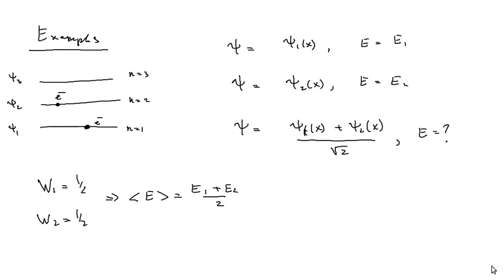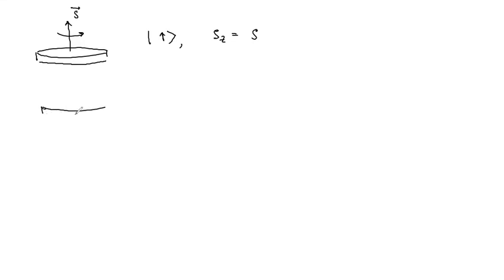Let's have another example. Let's say you have a disk, not an electron, a disk. And you can spin the disk like this. I'm going to call the state up because the spin is up. And in this state, the z component of my spin would be, let's just say, s. But you can also have a state when your disk is spinning in the opposite direction, this way.